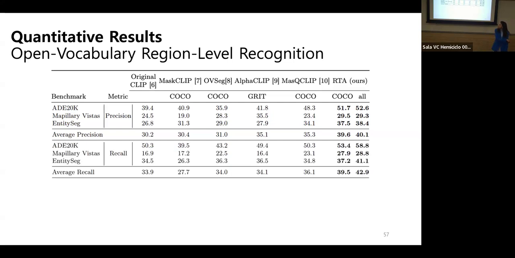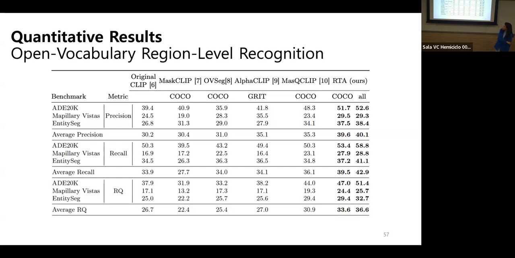So we have precision, recall, and recognition quality from the panoptic quality metric. And we can see that our model outperforms the previous state-of-the-art in all the datasets.